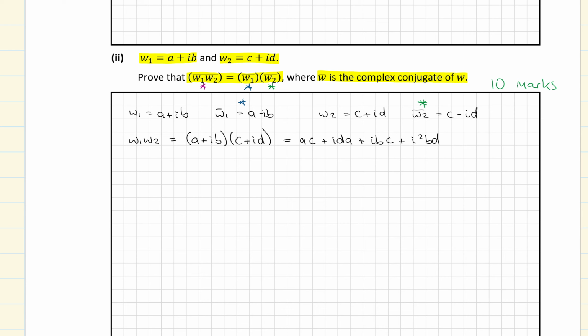We know from above that i squared is equal to minus 1. So that's ac plus i times ad plus i times bc plus minus 1 times bd. We can tidy that up. It'll be ac minus bd plus i times ad plus i times bc.